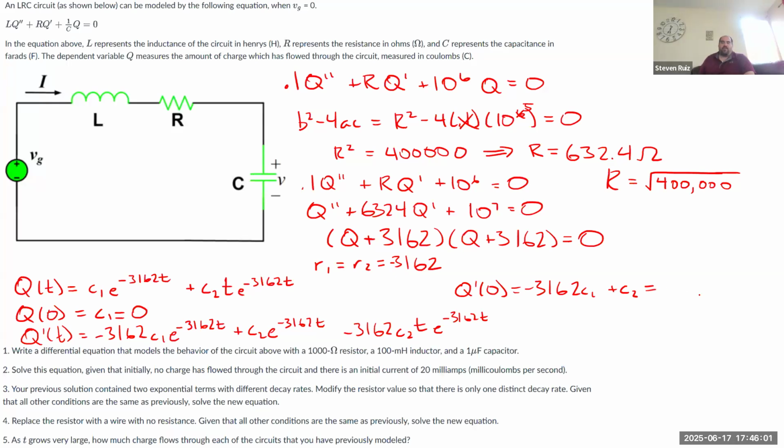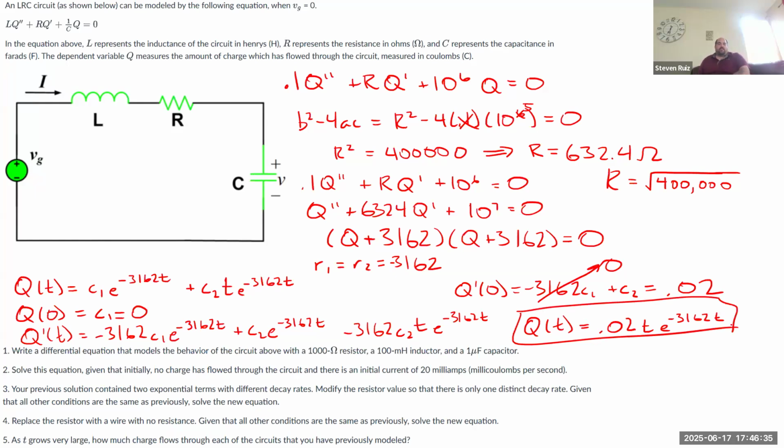And I remember that my initial current, my initial Q prime, was 0.02. I also get C2 for free because I found that C1 is equal to 0. So C2 is equal to 0.02. In this case, the solution is Q of t equals 0.02 t e to the negative 3162t. And that is the answer for 3.